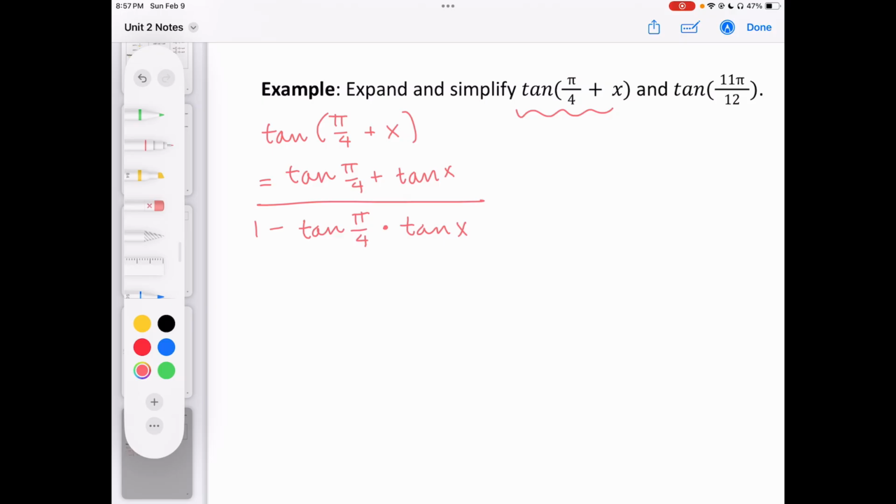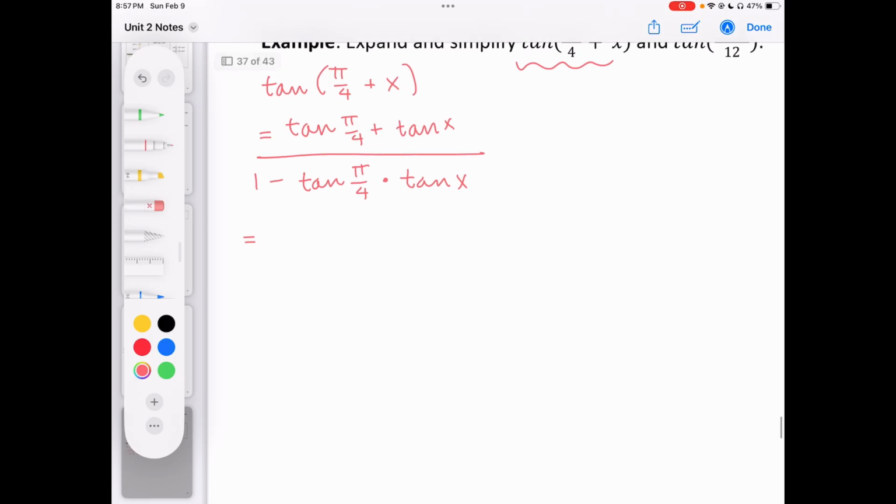Here's the thing. I am very flexible with how far you need to simplify things. A lot of the time, all of the extra work that goes into simplifying really does not do that much for us. And so I'm okay with you leaving it in something that looks kind of complicated. We're going to see that happen with some of these tangent expressions. Tangent of pi over 4, thankfully for us, is actually 1.